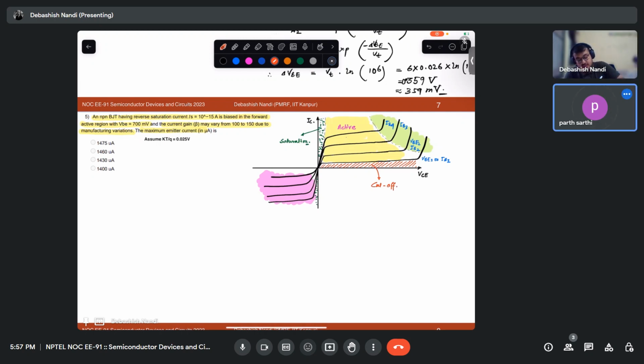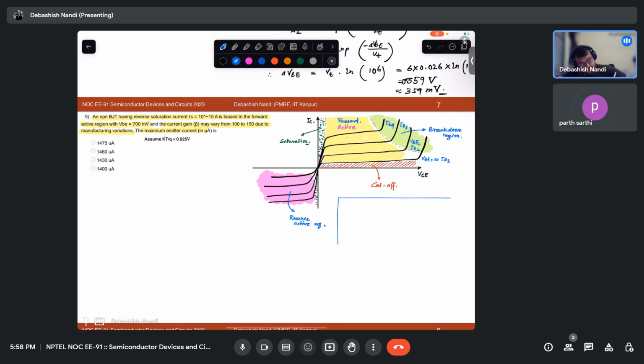Yes, sir. This green one is your breakdown region. And this pink one is called reverse active region. This is your forward active, okay? Yes, sir.